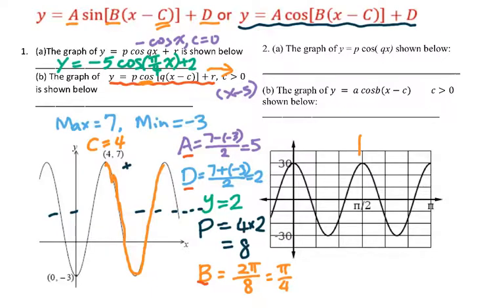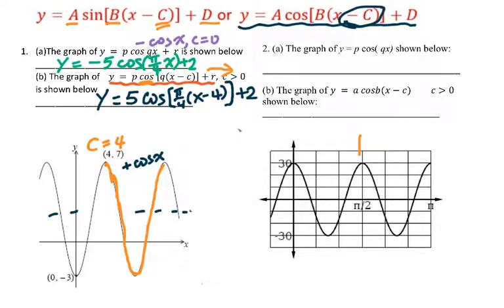This pattern, that's positive cosine x. So I will write down y equals 5, A is 5, cosine, B is pi over 4, then x minus, here's x minus c, so minus 4. Then plus 2.